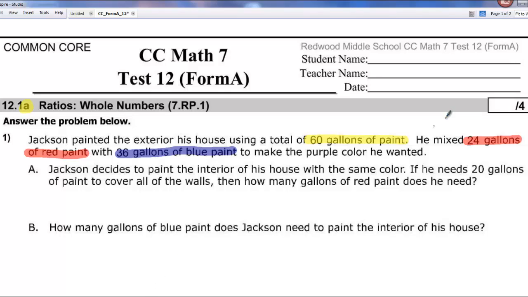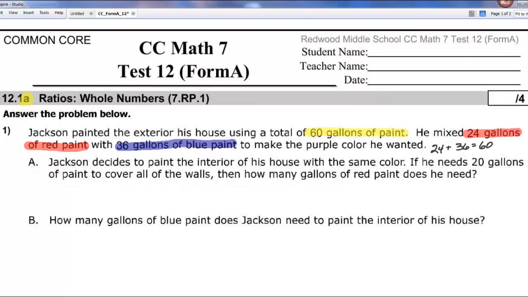We're going to want to keep track of that. So we had 24 gallons of red, 36 gallons of blue. If you add those together, they make 60. So we know there was no other paint mixed in. There was no white mixed in or something else. And that's going to help us when we get to the second part of this question.